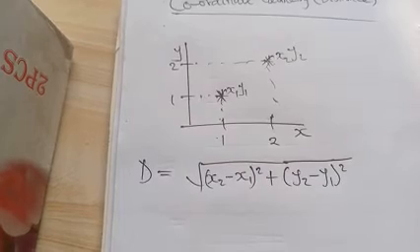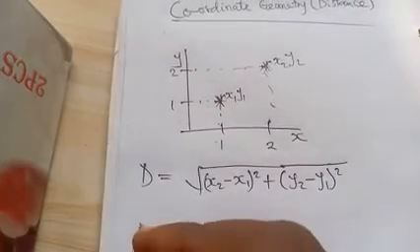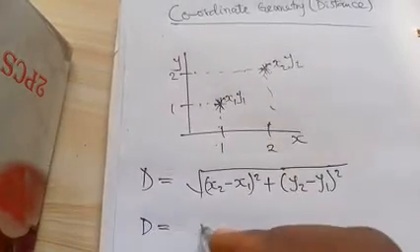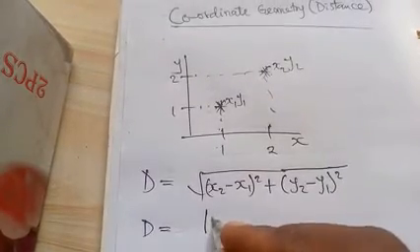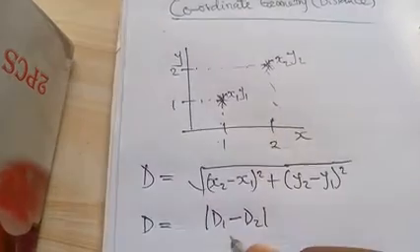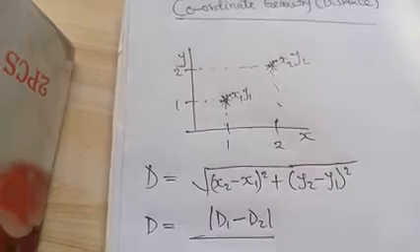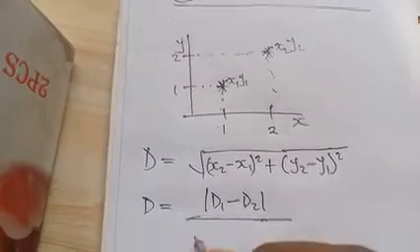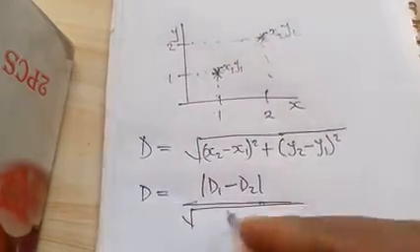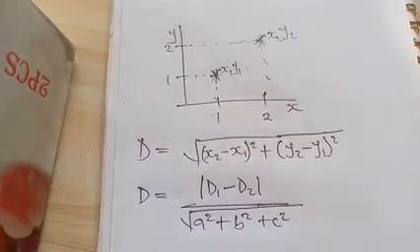But when we have two different planes, we want to consider the distance between them. The distance between the two planes will be given by the absolute value of d1 minus d2, or d2 minus d1. Since it's absolute value, it doesn't matter because we're neglecting the minus sign, over the square root of a squared plus b squared plus c squared.